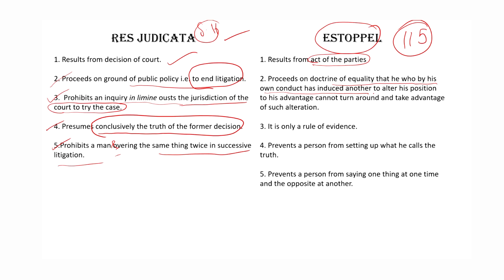And if you are altering your position on the basis of my statement, on the basis of my promise, that is estoppel. He who induced another to alter his position to his advantage cannot turn around and take advantage of such alteration.